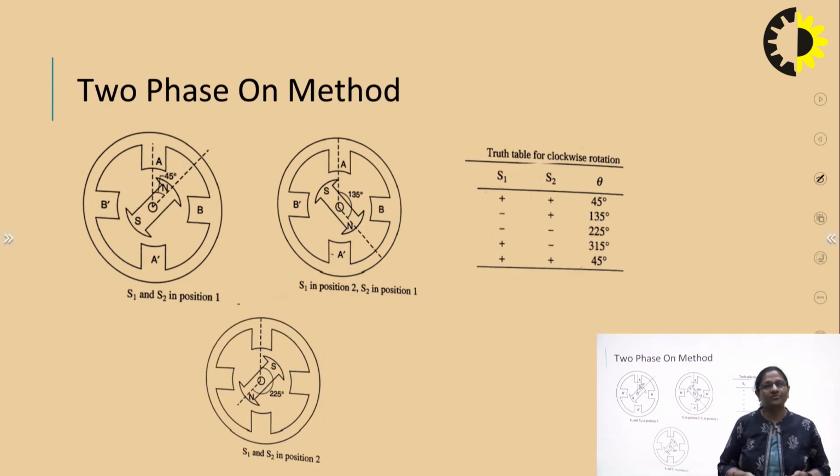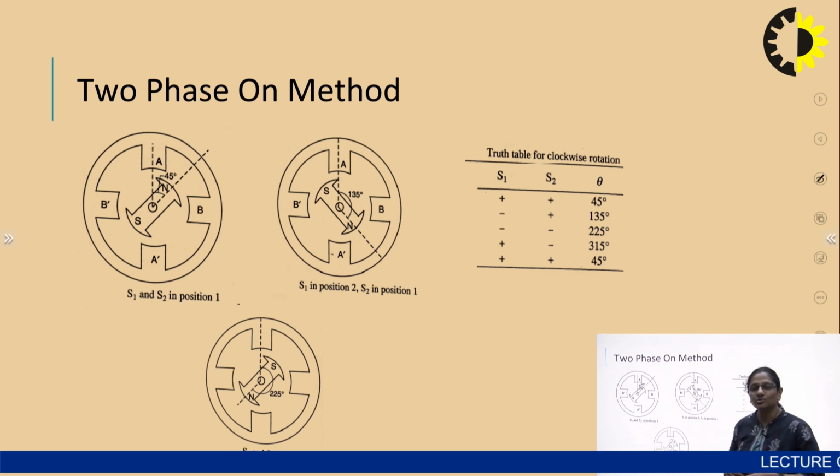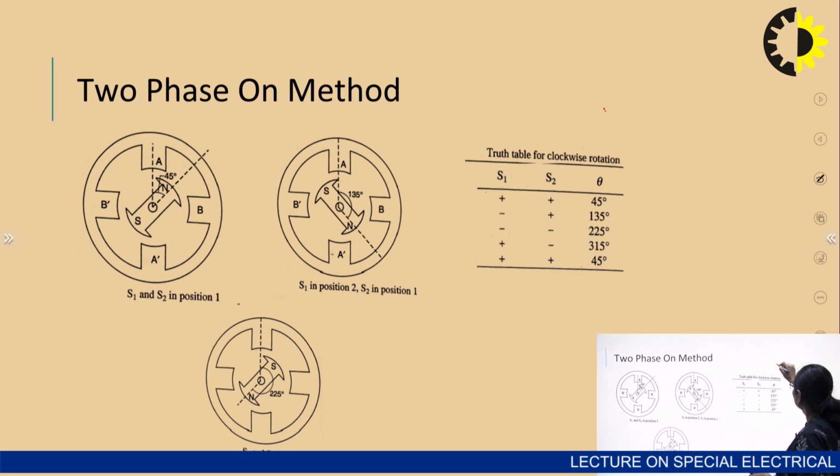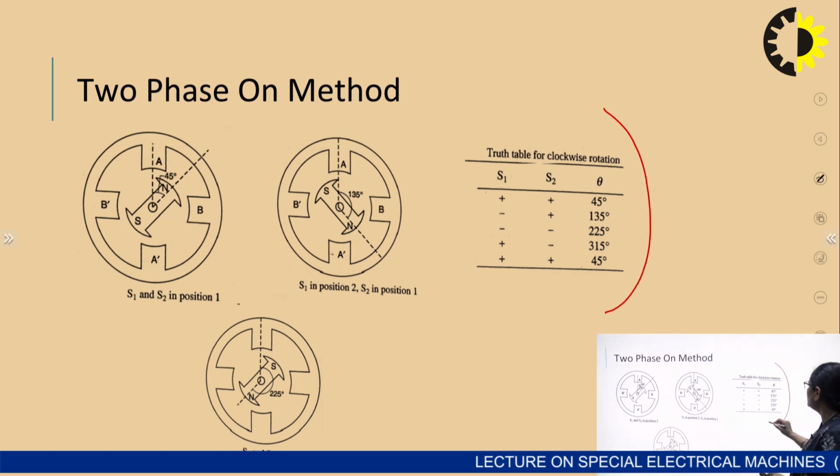We may have positive current in phase A, negative current in phase B. We may have positive current in phase A, positive current in phase B. We may have negative current in phase A, negative current in phase B. We may have negative current in phase A, positive current in phase B, and so on, right? The truth table corresponding to this is also shown over here, right?